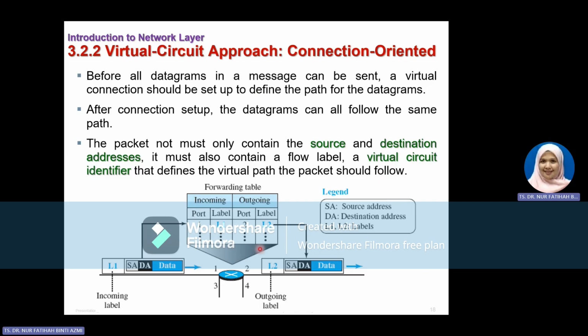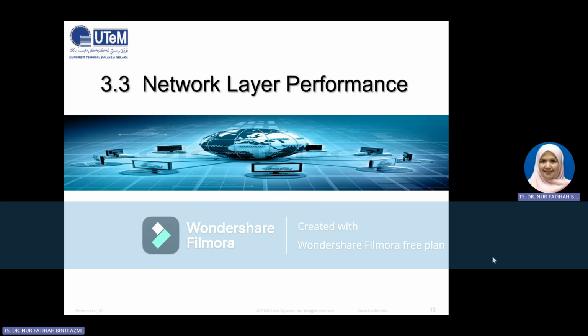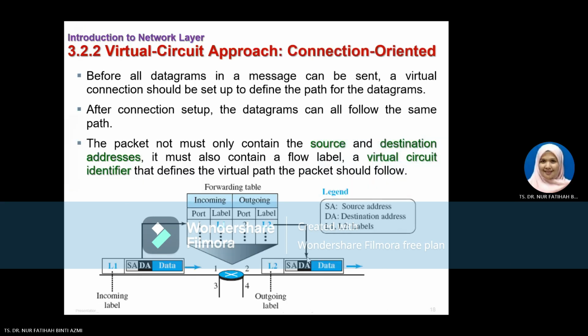The router is now in the center, and it receives the packet at port 1. The label is L1, and we use this forwarding table to look up what to do with the packet with label L1.